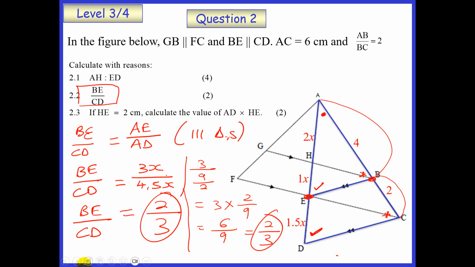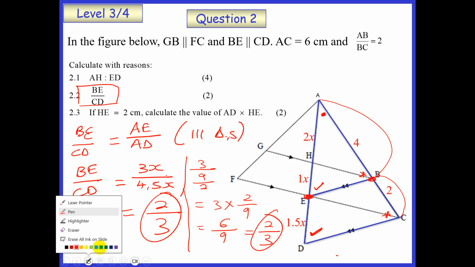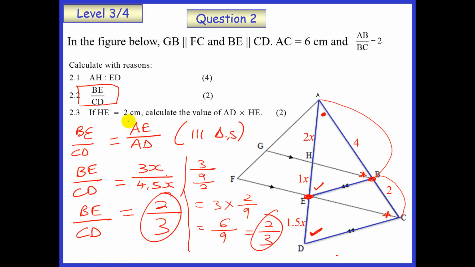The last question is simply on substitution, and they tell you HE is equal to 2. If HE is equal to 2, they are telling you x is 2. Now, if HE is equal to 2, then the 2x becomes 4, and the bottom, which is ED 1.5 times 2, would give us 3.